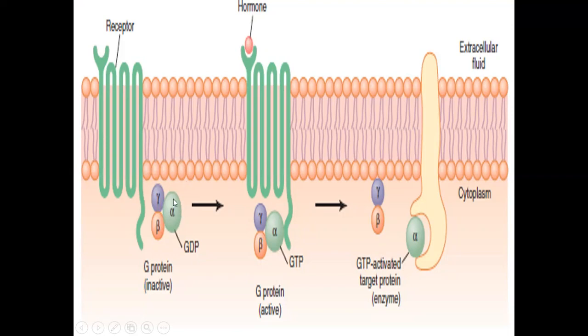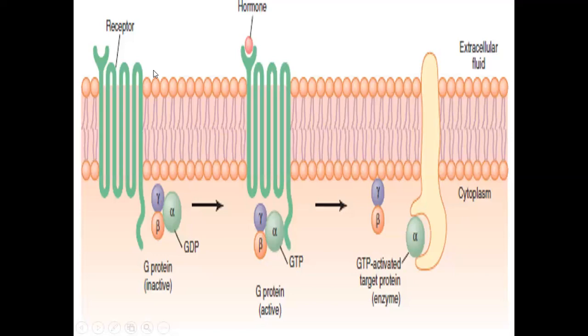Now, the alpha subunit, as we learned from the previous slides, is bound to a GDP, guanosine diphosphate molecule, thus the term G protein. The receptors to which these G proteins are coupled are called GPCR, G protein coupled receptors, meaning that particular receptor is coupled to a G protein.